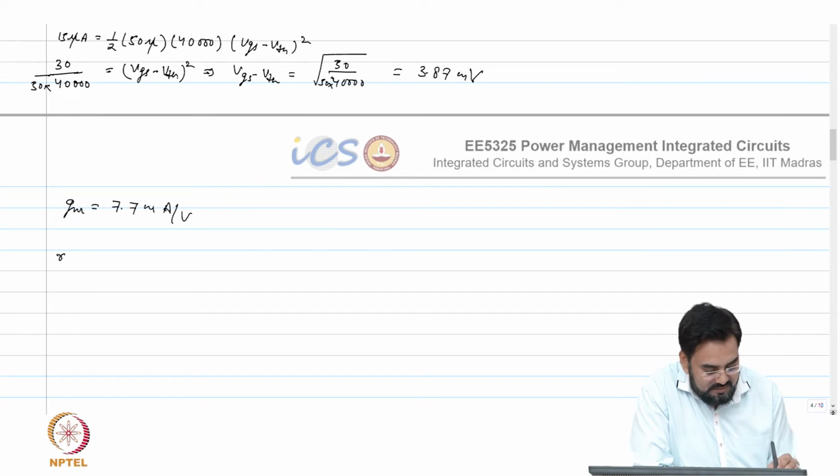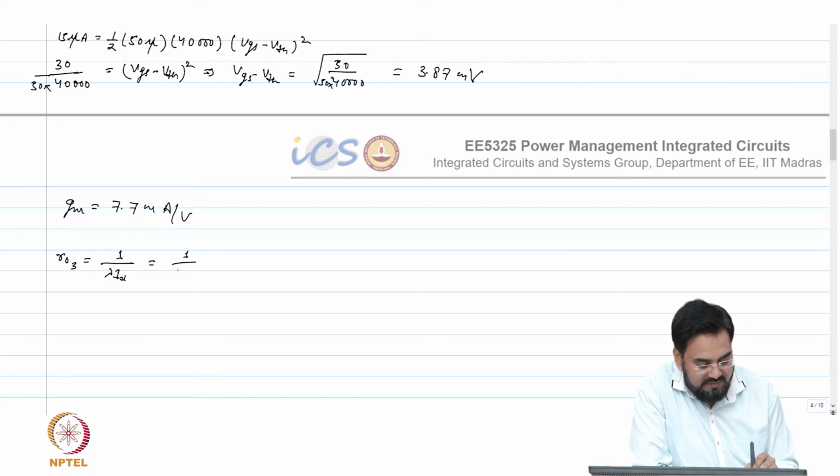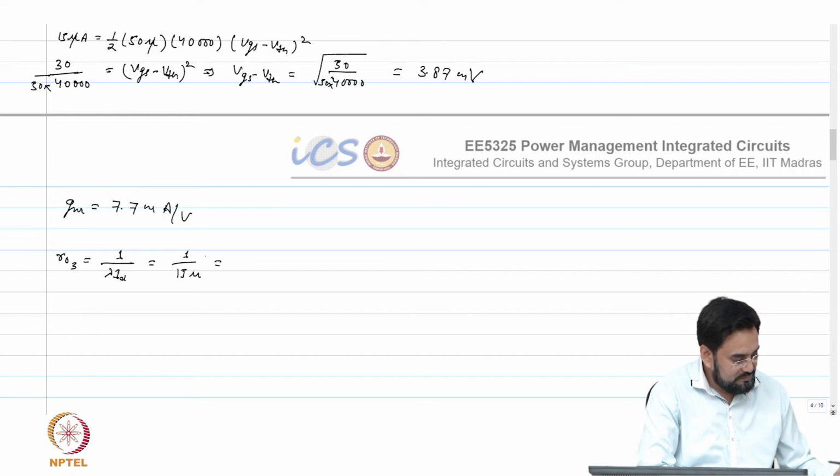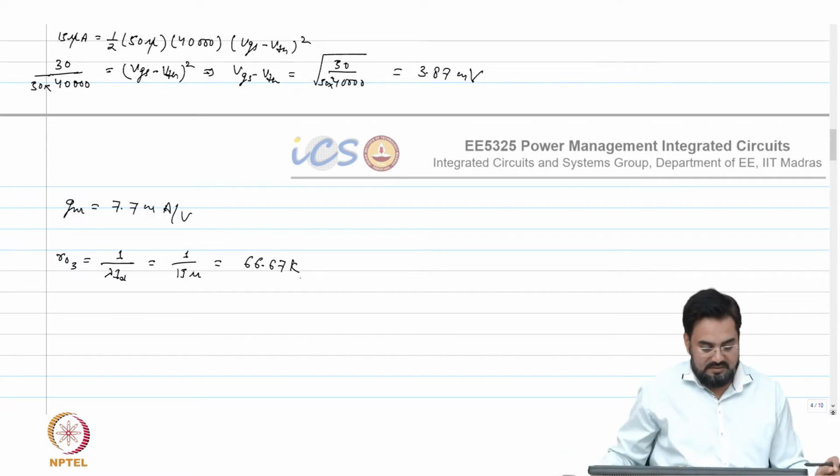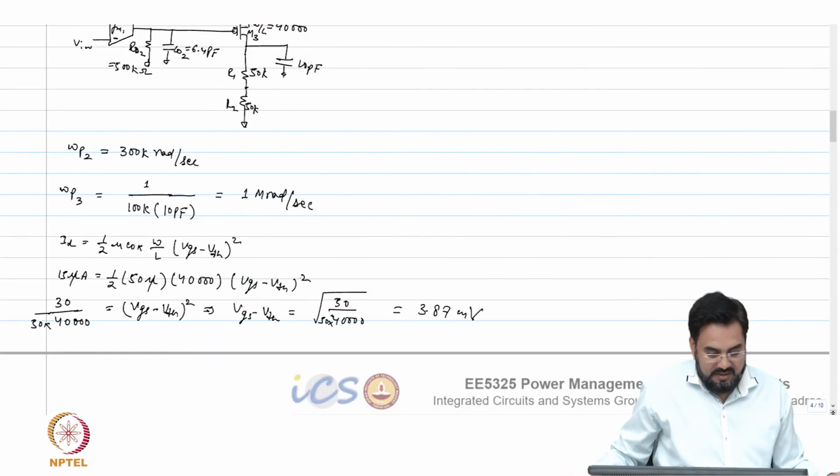So RO3 equal to 1 over lambda ID equal to 1 over 15 micro. So this comes to 6, in parallel with 100K.